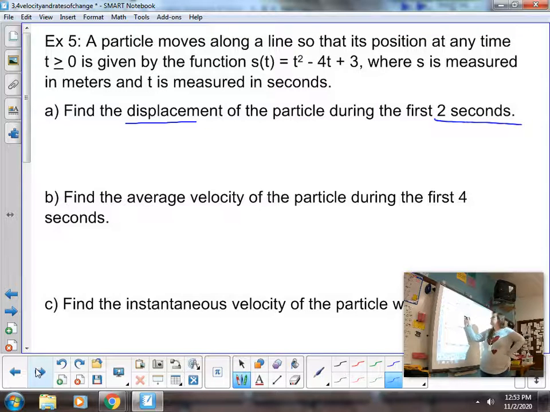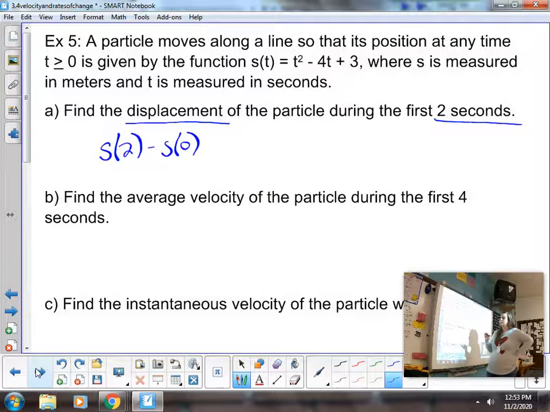Well, displacement, if you recall, is the position when you end minus the position when you start. So it's going to be s of 2 minus s of 0. Well, s of 2, 2 squared is 4, 4 times 2 is 8, 4 minus 8 is negative 4, plus 3 is negative 1.